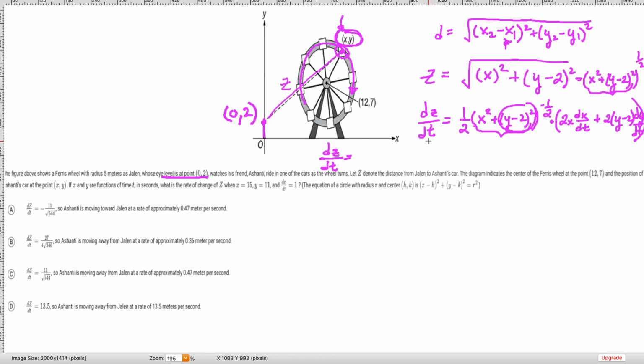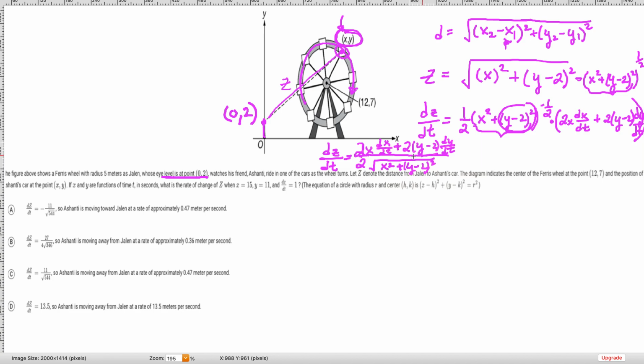I have 1/2 times x squared plus y minus 2 squared, which stays on the bottom, and on the top I have 2x dx dt plus 2 times y minus 2 dy dt.